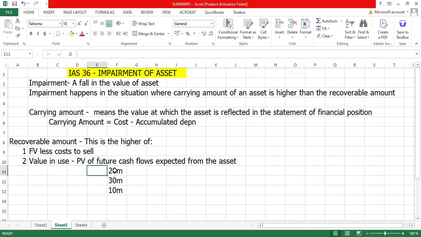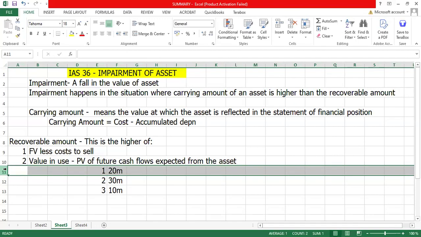These are your cash inflows because this is an asset. Now, the moment you find that you have different cash flows in each year, then you must discount because you need to get the present value.